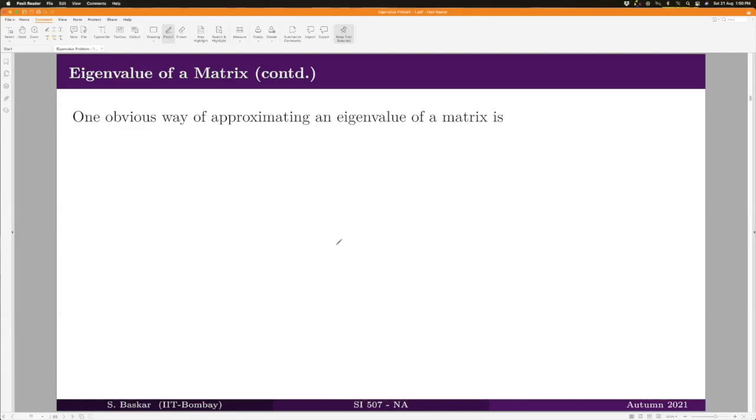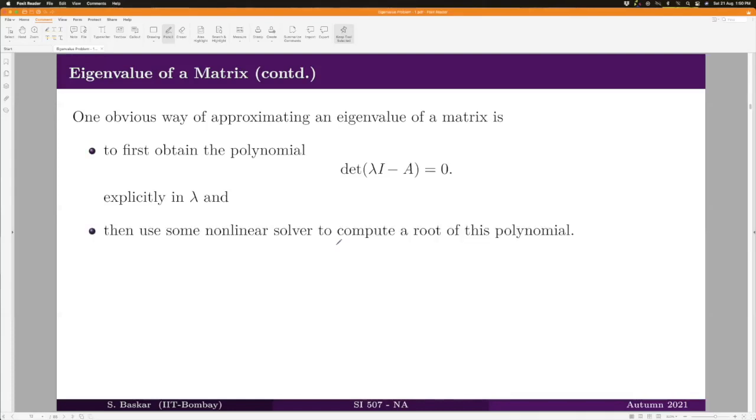One obvious way of approximating an eigenvalue of a matrix is to first get the polynomial equation for lambda, that is the characteristic polynomial, and then use some nonlinear solver like the Newton-Raphson method or secant method. We will be talking about this in the next chapter.